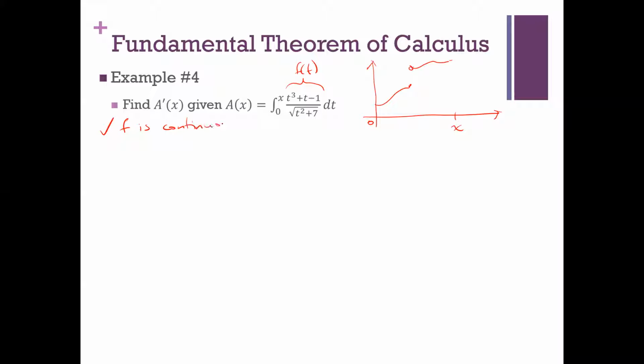So it's a rational function. Well, I mean, the numerator is a polynomial. Those are continuous absolutely everywhere. The denominator is a radical function, which, as we've identified, as Zach pointed out, can never be zero. So this thing is going to be well-defined and continuous everywhere.